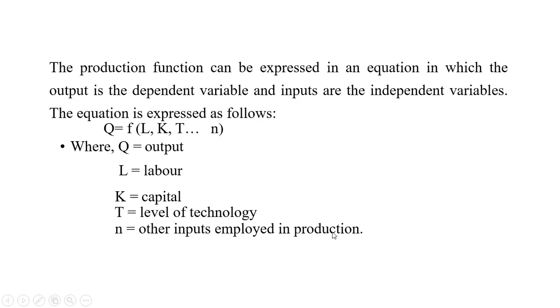Other inputs employed in the production can be raw materials or any other inputs like electricity, lighting, etc. In this production function, the two main inputs we consider are labor and capital, and the labor and capital inputs are reflected in the output. So Q is the output, L is the labor, K is the capital, and technology, if it is required, we can take later as an input, and other inputs like raw materials, lighting and electricity can be taken as input if it is required for the production.